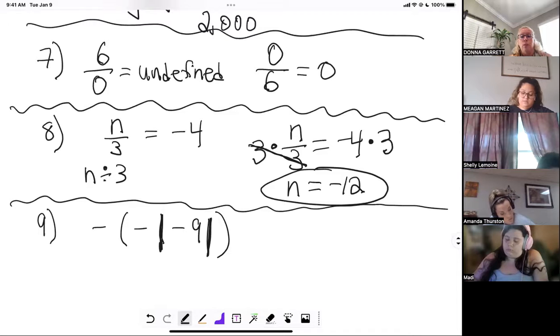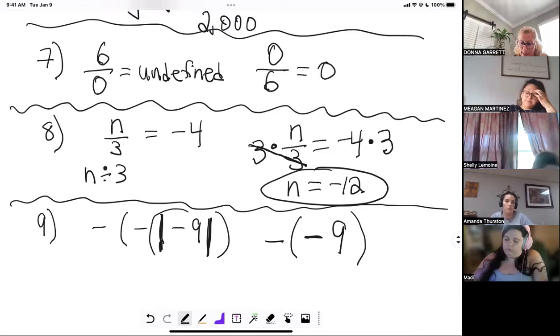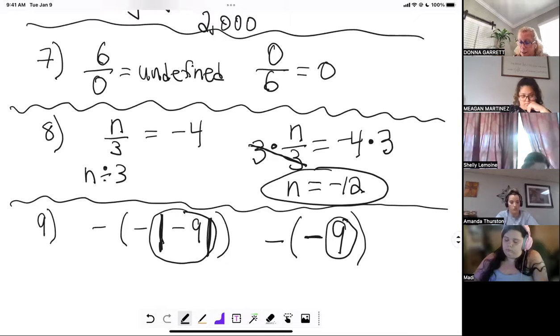Okay, so we work on the parentheses first. Now I need to do the absolute value first. What's the absolute value of negative 9? Positive 9, right? So that absolute value becomes positive 9. Then remember what negative means: opposite.